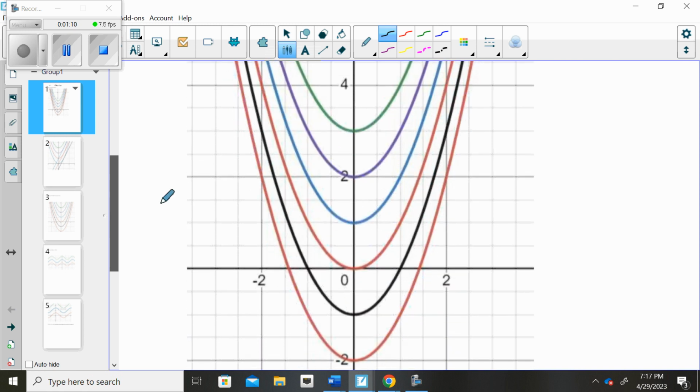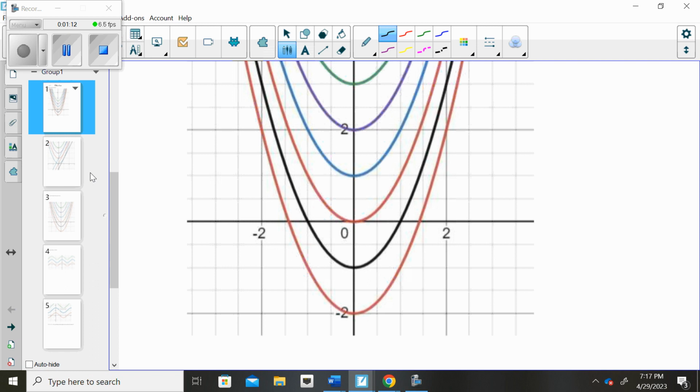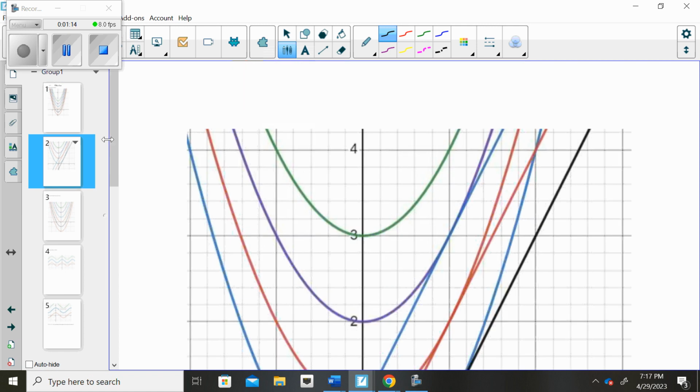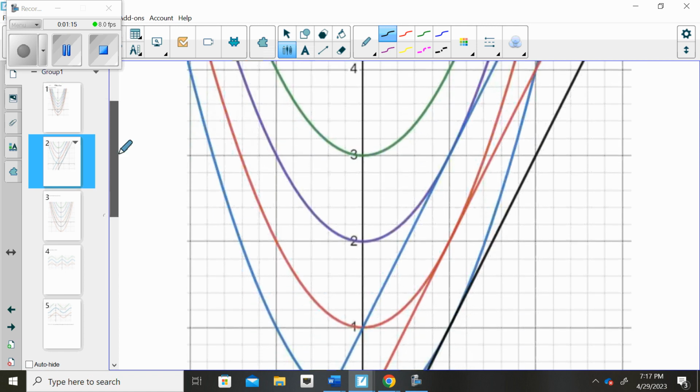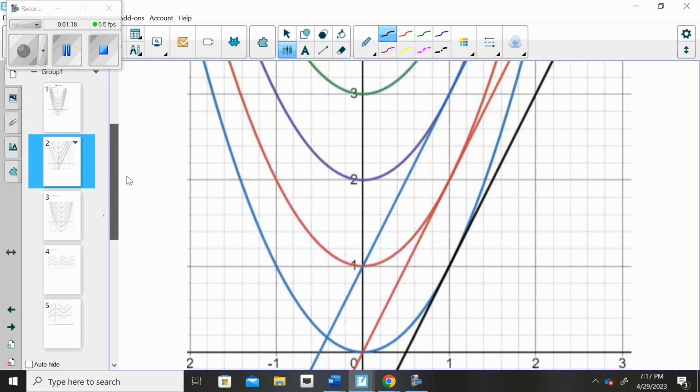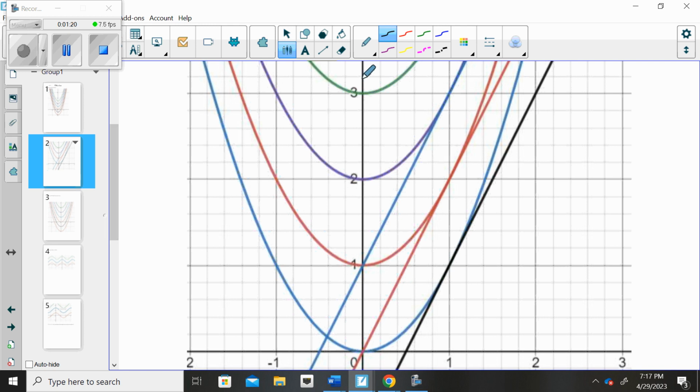And what we can see then is if we draw tangent lines to the curve, which is what I did on this next page, I came to the value where x equals 1. And let me see if I can put a nice vertical line at x equals 1. So notice what's happening when x is 1.